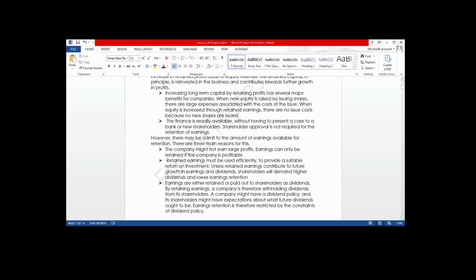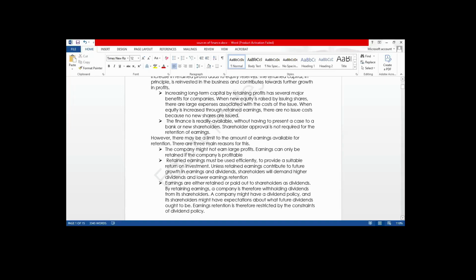By retaining earnings, a company is withholding dividend from shareholders. If a company retains earnings, what you are doing is you are withholding dividend distribution to shareholders.